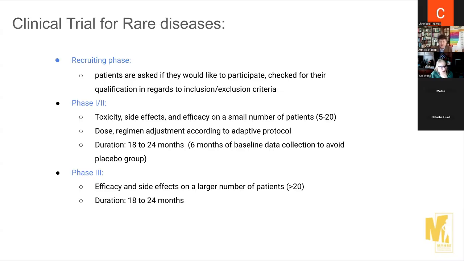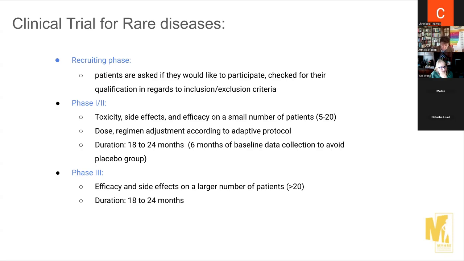But in the phase 1 and 2, we have some adaptive that's logical to every rare disease. The duration is usually between 18 and 24 months. So that's long, but that's for chronic. We need to really see, and usually you include 6 months of baseline data collection.